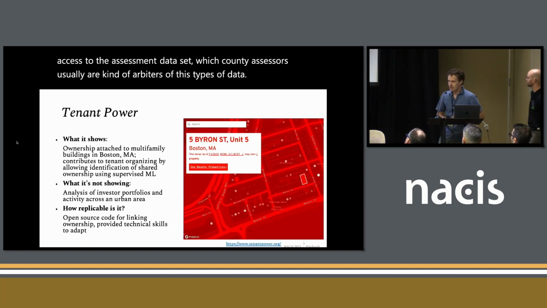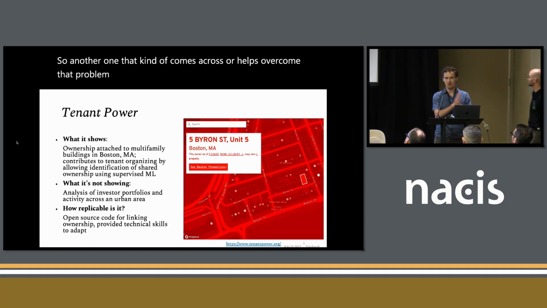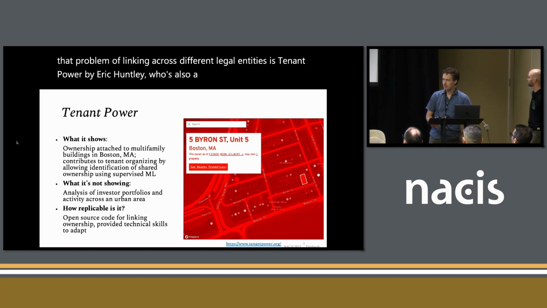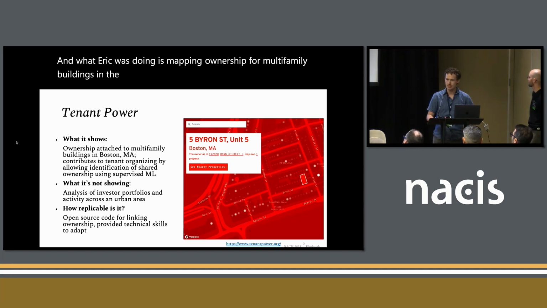So another one that helps overcome that problem of linking across different legal entities is Tenant Power by Eric Huntley, who's also a UK alum. And what Eric was doing is mapping ownership for multifamily buildings in the Boston, Massachusetts area.